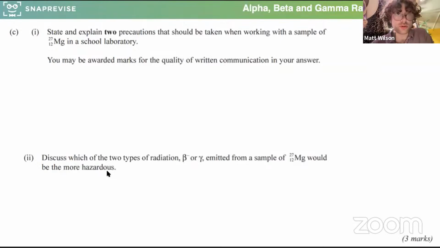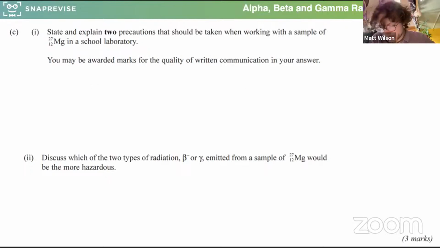So, next question. State and explain two precautions that should be taken when working with a sample of magnesium in a school laboratory. Earlier in this question we would have been told that this is indeed a radioactive particle, by the way. Okay, so what can we do to deal with a radioactive particle safely? Well, a few things.